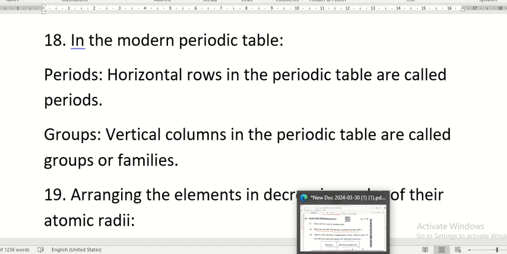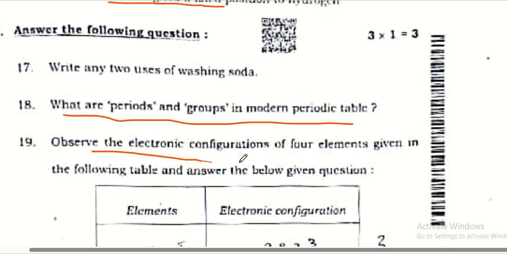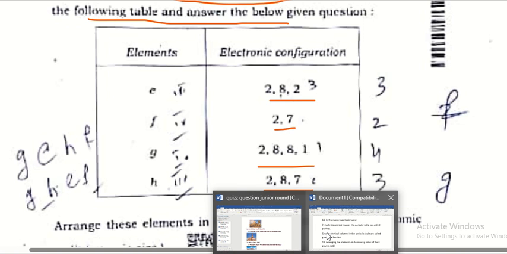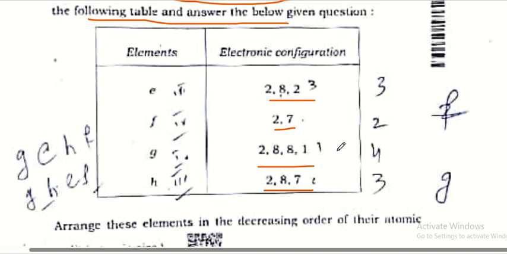And then we move on to the next question. Observe the electronic configuration of the four elements given in the table. Answer the questions given below. Here there are electronic configurations given. We first have to name them, and then arrange them in the descending order.